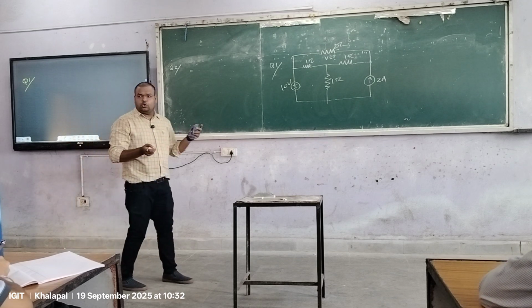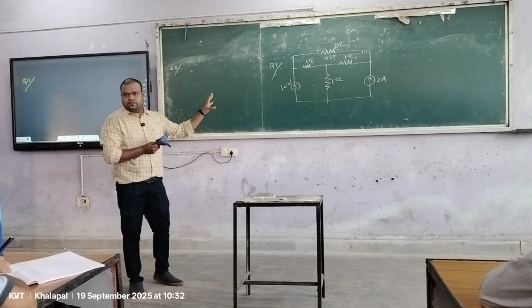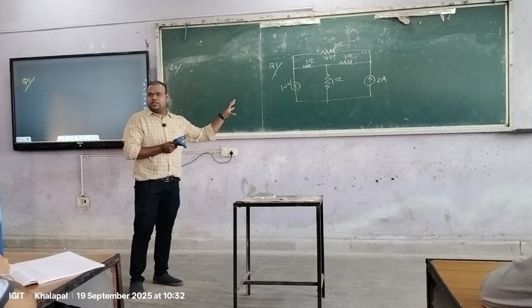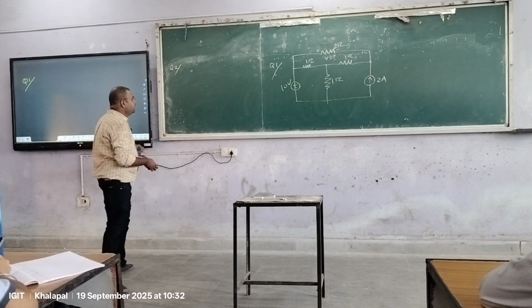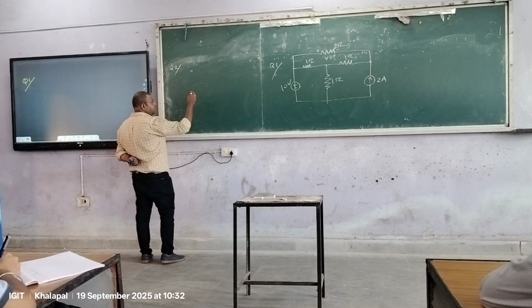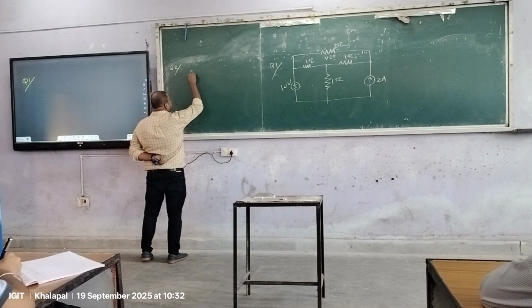See, question number 2 is nothing but a small modification. Question number 2 is going to be a small modification of question number 1. So the small modification is going to be like this.